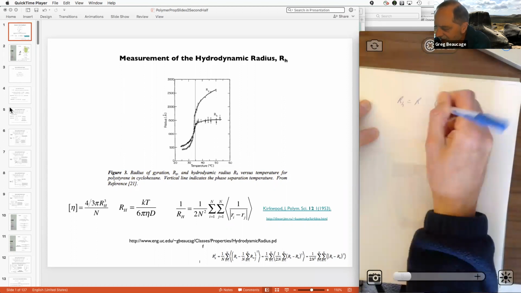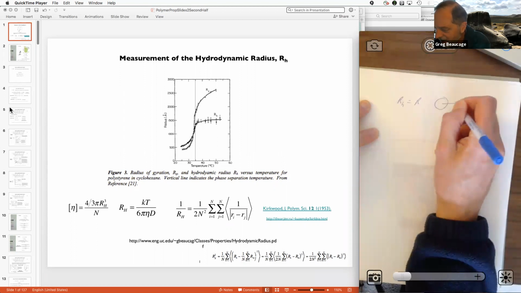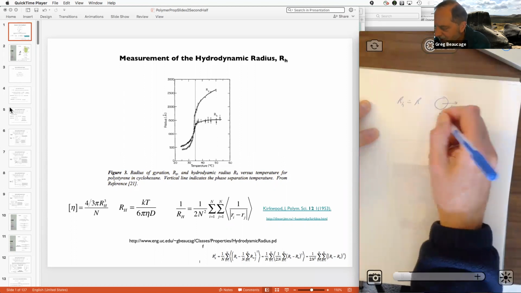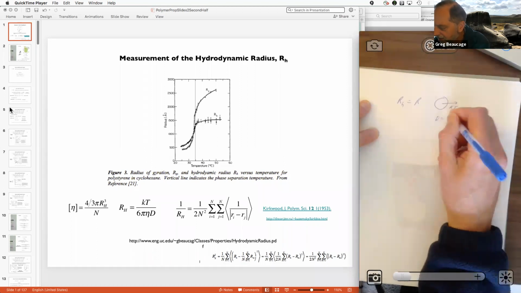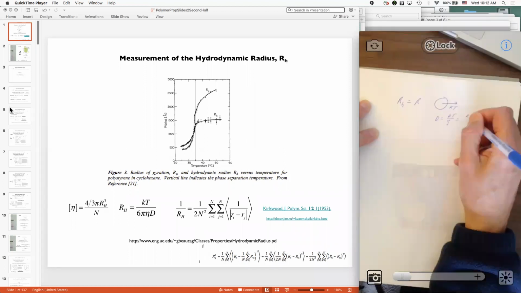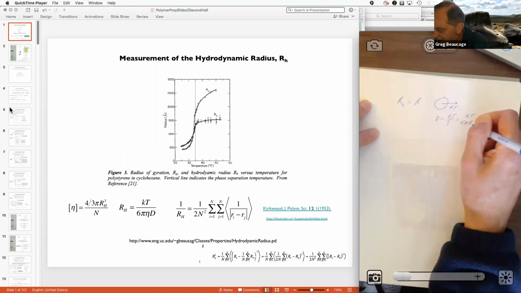So it's the radius of an equivalent sphere put into motion, like with kT energy moving, and then the diffusion coefficient is going to equal kT over the friction factor for the object, and then the friction factor from Stokes' law is 6 pi times the radius of a sphere, and then the viscosity of the solvent.